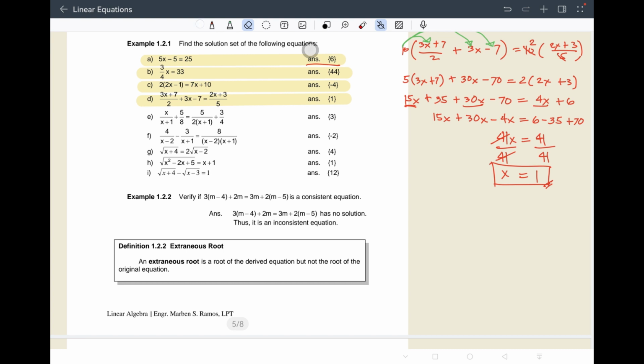So to check, let us substitute 1 to the equation. 3x plus 7, so 3 times 1 plus 7 all over 2 plus 3 times 1 minus 7 equals 2 times 1 plus 3 all over 5.